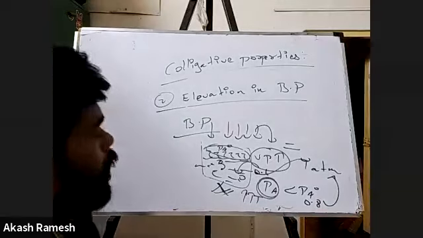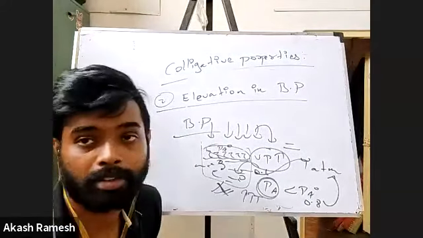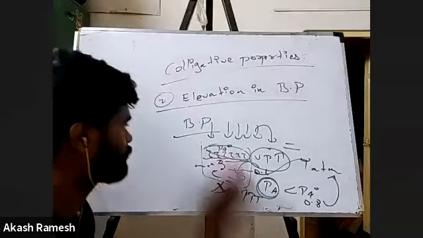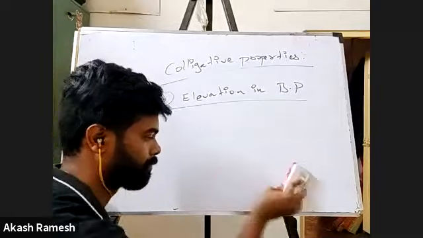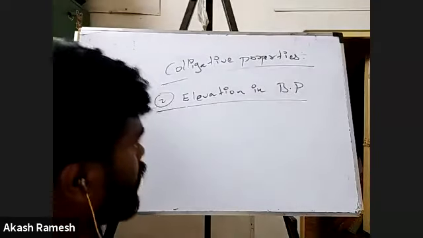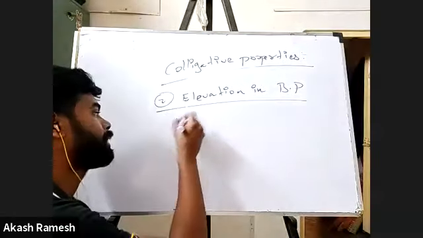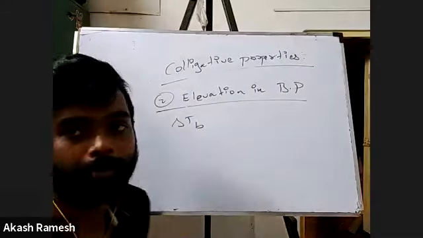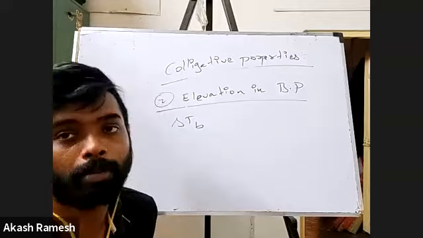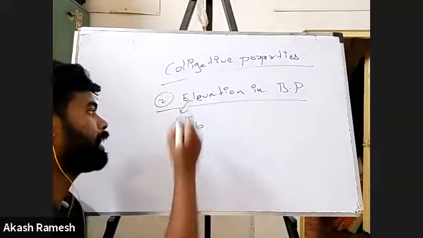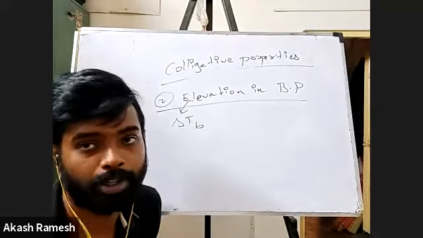Okay, fine. Now we'll get to the mathematics. So now I'm going to call it delta TB. TB is the boiling point. Delta TB is the elevation in boiling point. Now, how can I write this elevation in boiling point?